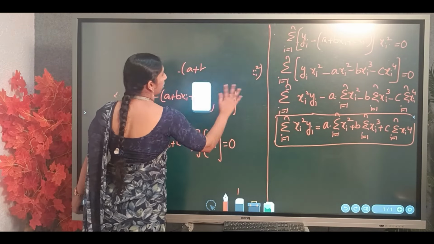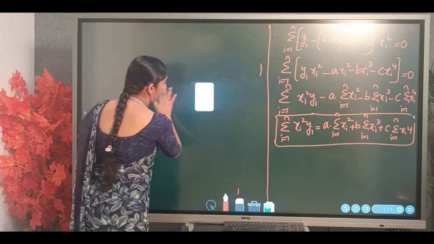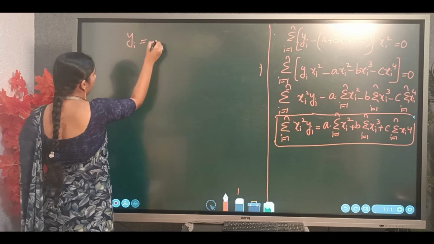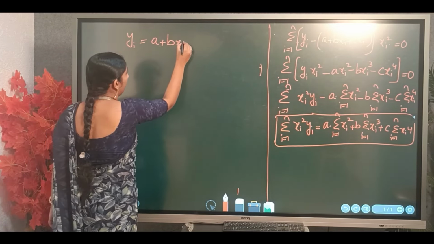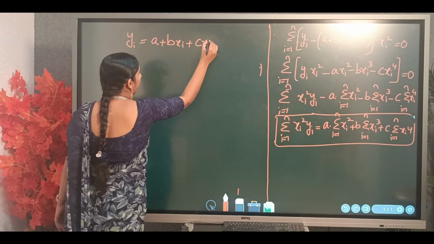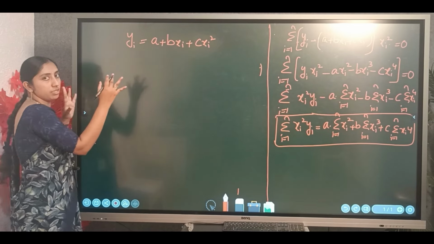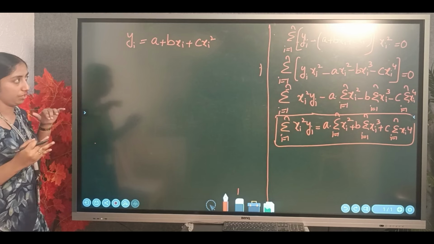So now we are recalling this. We have found the normal equations for a parabola. For this, what we considered earlier was yi equals a plus b xi plus c xi squared. Just remember it like this. For this we get 3 normal equations.